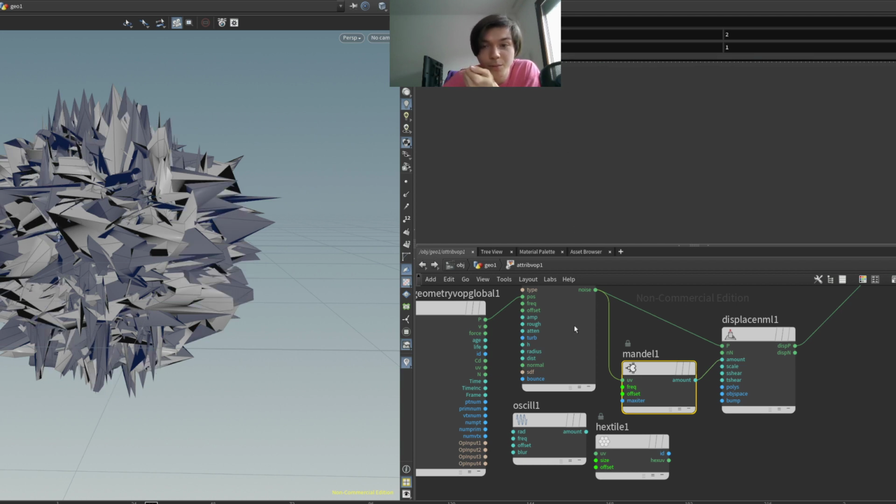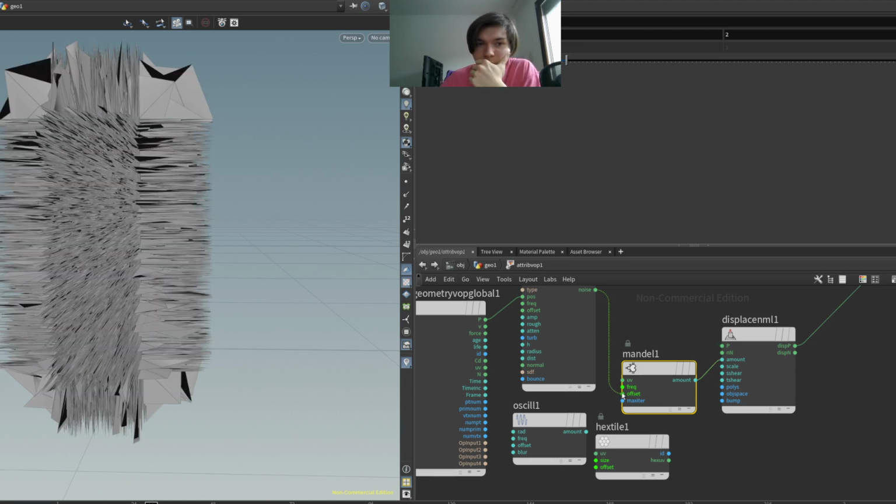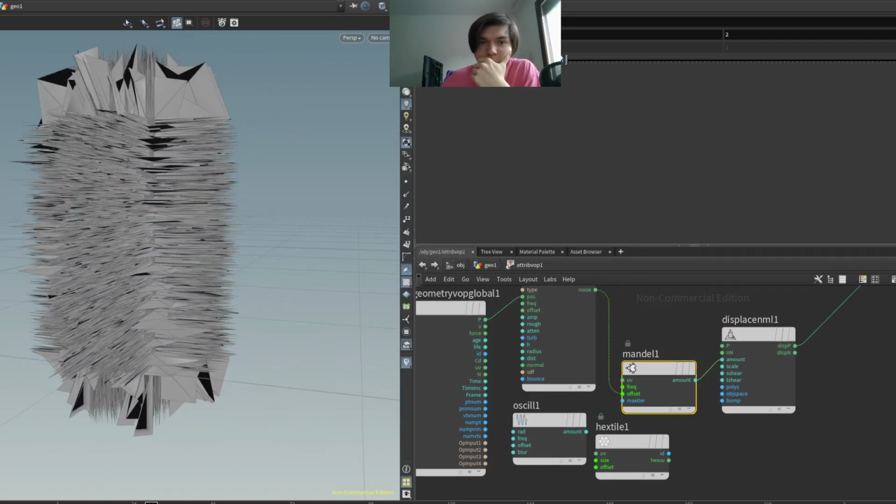Maybe it's also the Mandelbrot that I don't like that much. I don't know. It also does not necessarily do too much. Maybe the offset.